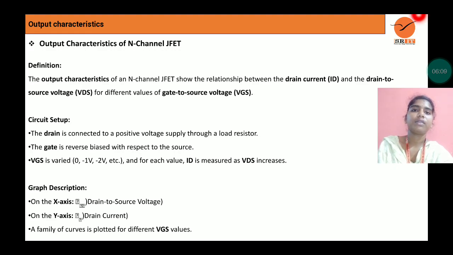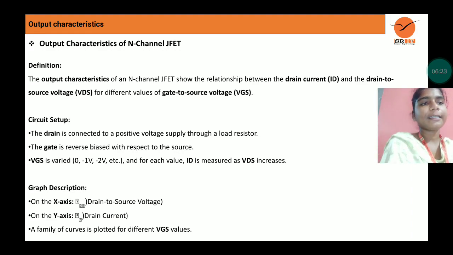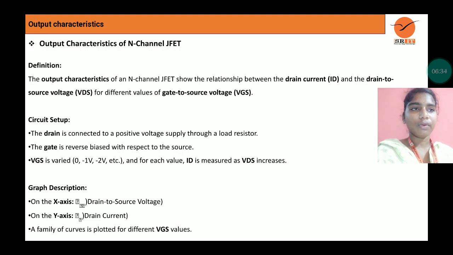Output characteristics of the N-channel JFET. Definition: the output characteristics show the relationship between the drain current and the drain-to-source voltage for different values of gate-to-source voltage. Circuit setup: the drain is connected to a positive voltage supply through a load resistor. The gate is reverse biased with respect to the source.